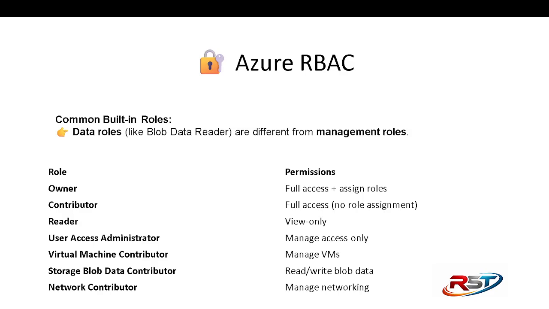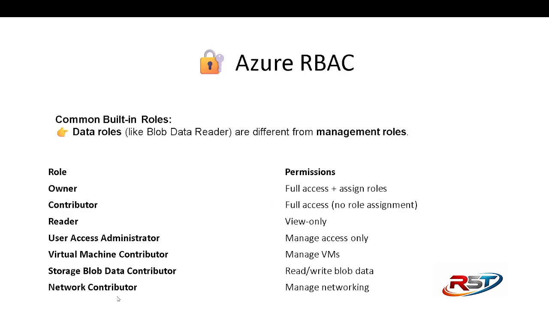Storage Blob Data Contributor: read and write blob data. If you assign this role to any user, he can read and write blob data. Next one is Network Contributor. If you assign the Network Contributor role to any user, he can manage networking. So these are the different roles and these are the permissions.